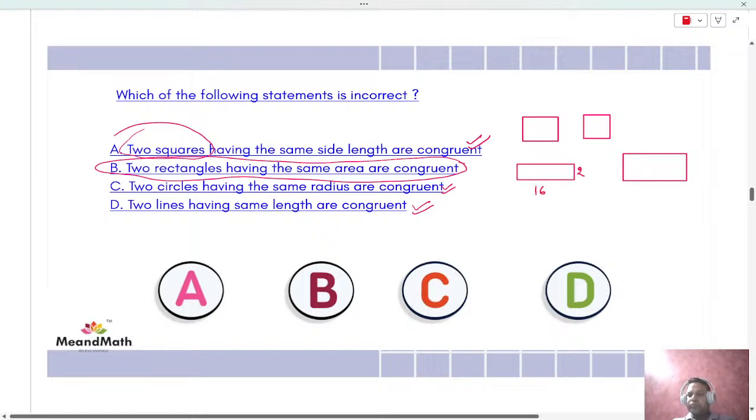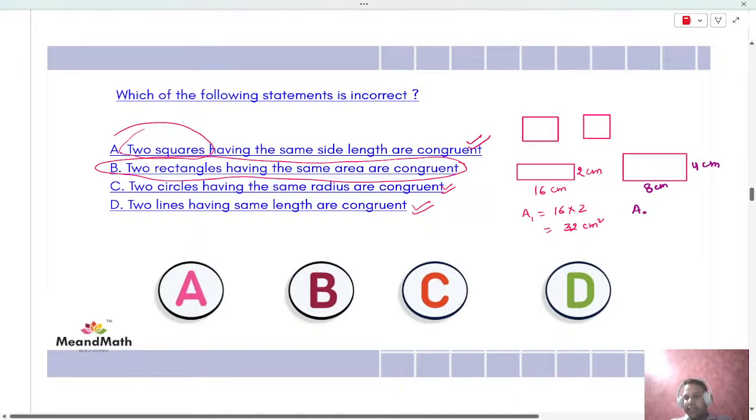The sides are 16 centimeter and 2 centimeter. So the area A1 is equal to 16 into 2, which is 32 centimeter square. For the second rectangle, the length is 8 centimeter and the breadth is 4 centimeter.